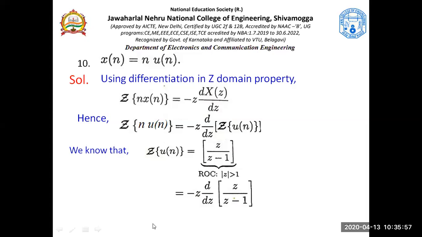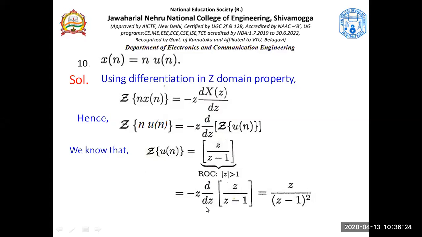Fine. So how would the differentiation of z by z minus 1 with respect to z look? Here, if you take minus z, you leave. The result would be minus 1 by z minus 1 whole square. So ultimately it would become this after multiplying minus z.